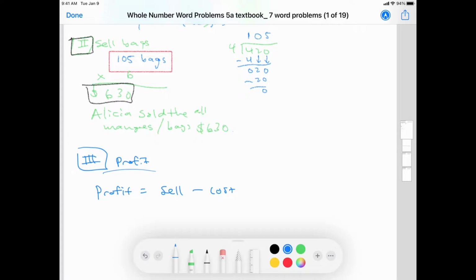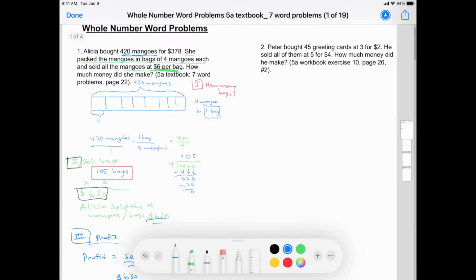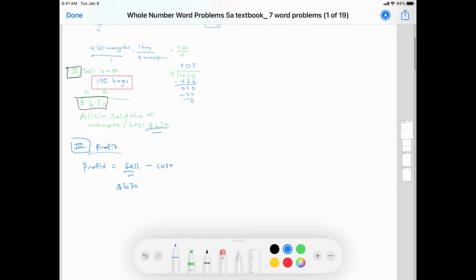So if she sold them for $630 and it cost us, how much did it cost us? $370. That's our profit. So let's just go ahead and subtract that.